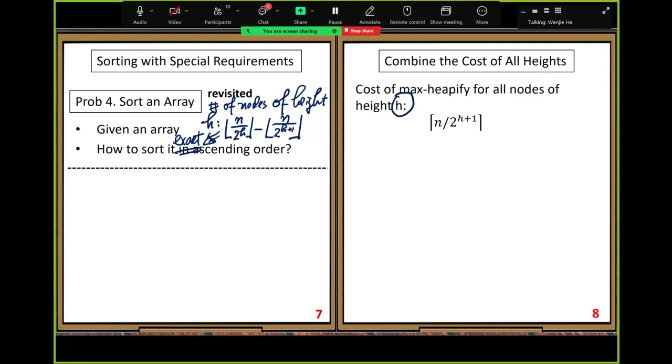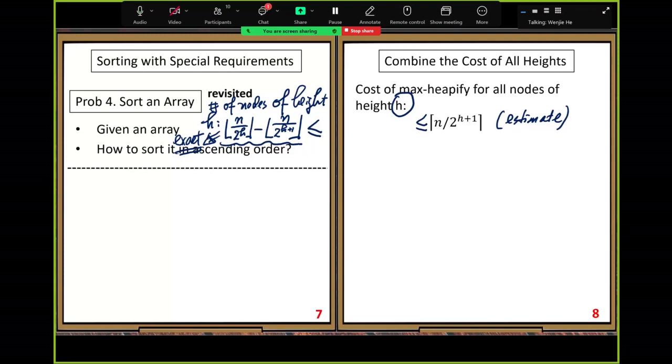Because this formula is sometimes not convenient to use, we like to estimate. This formula is not exact; it is an estimate formula, slightly larger than the exact number.